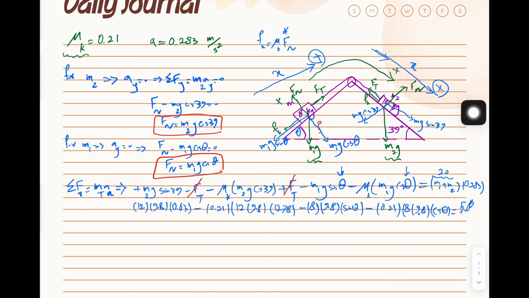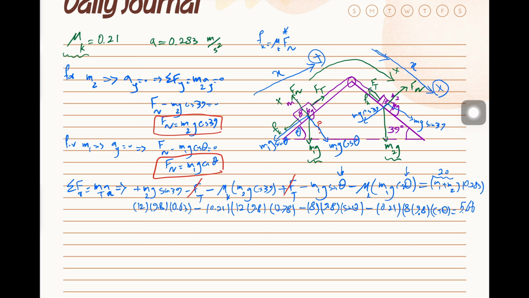Okay. So 5.66. Now we need to solve for theta, right?